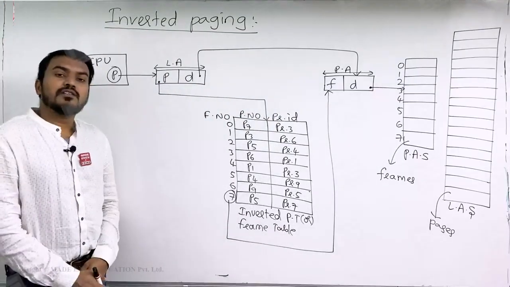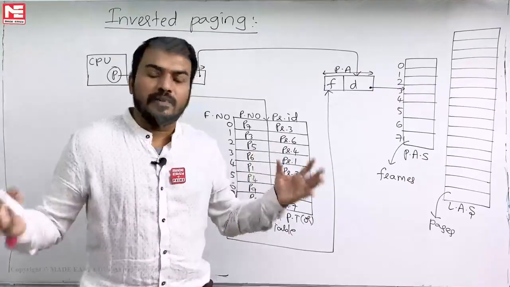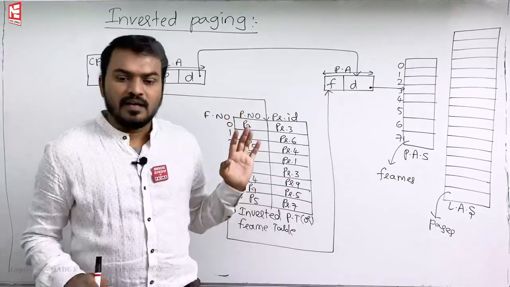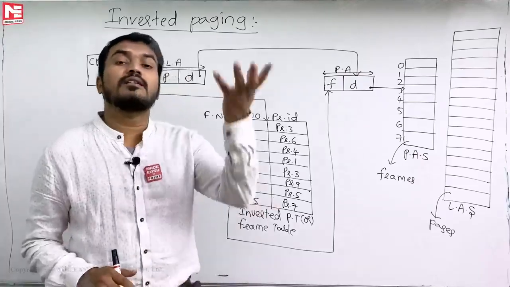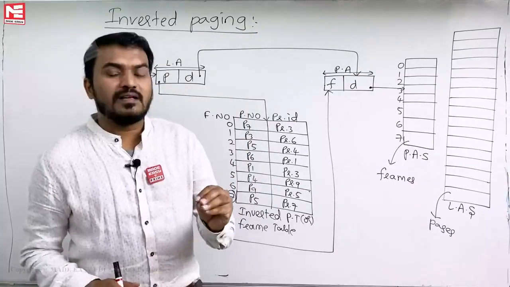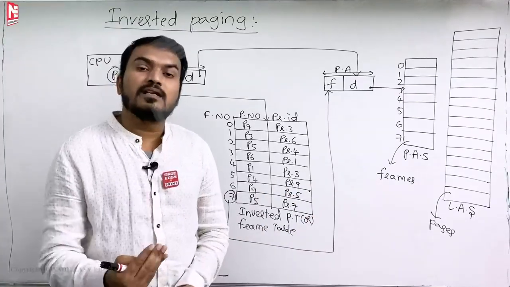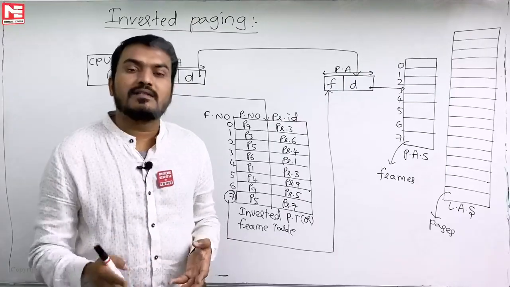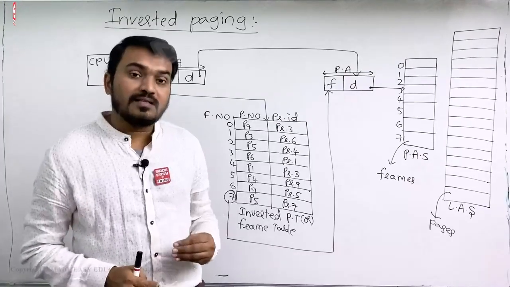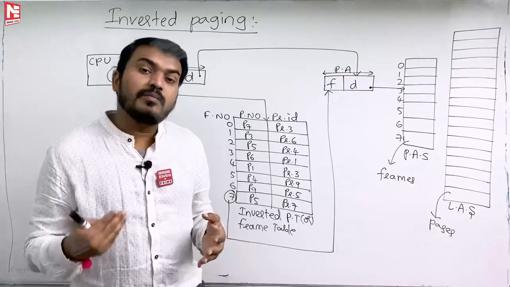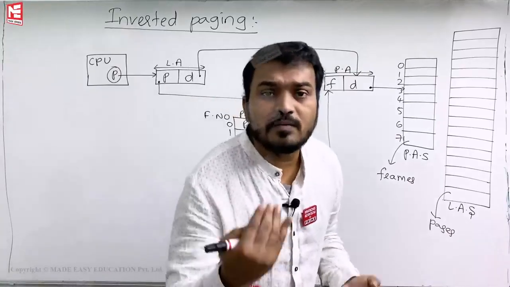In normal conventional paging, every process will have its own page table. You know that already. Now remember, if the number of processes in the system increases, then the memory required to maintain the page tables of the processes will also increase, because every process will have its own page table.